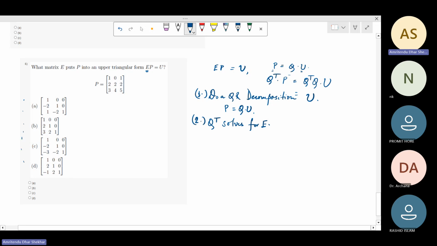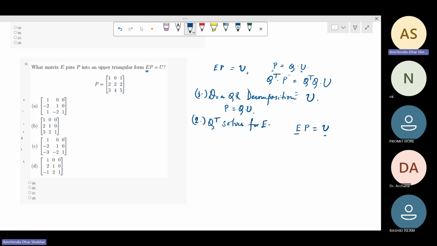That's the thing. It's not guaranteed that if you write EP equals U, then E and U have to be unique. There could be anything possible. There's no guarantee that it's going to have a unique multiplier that leads to this U.